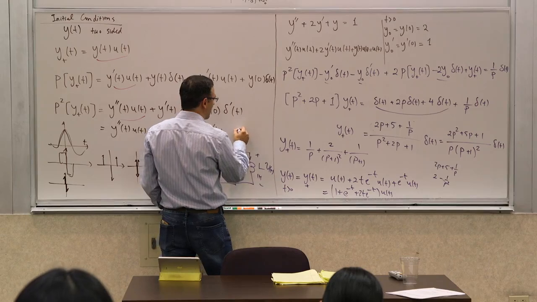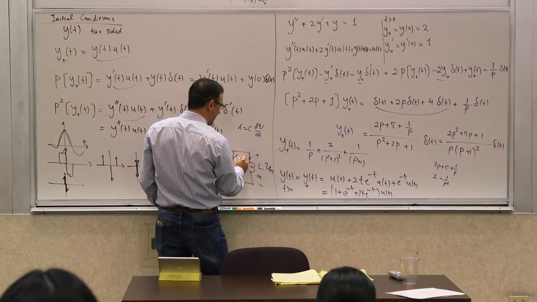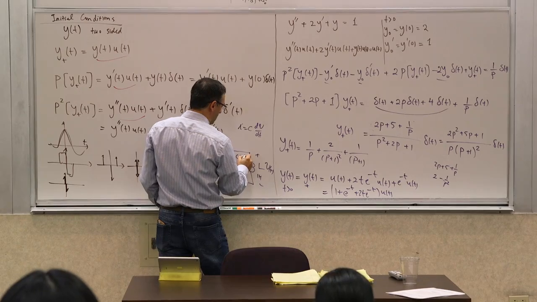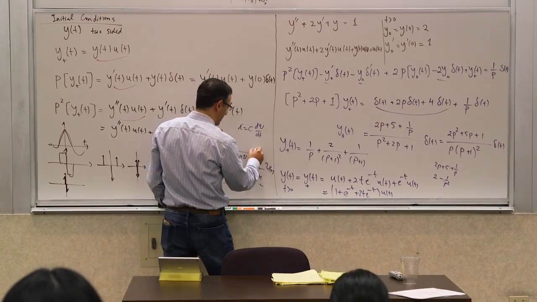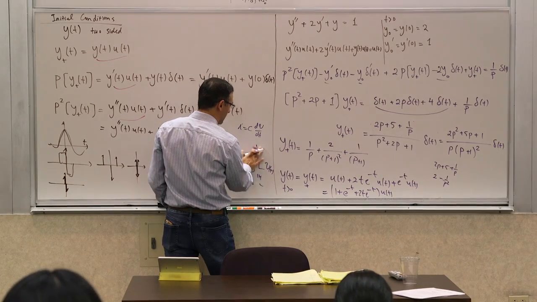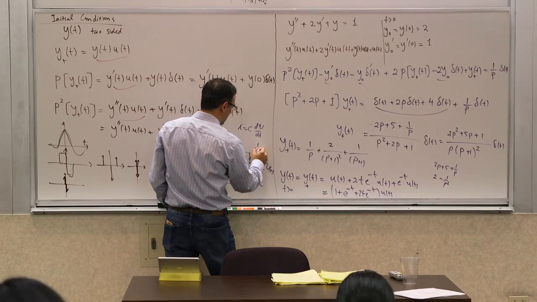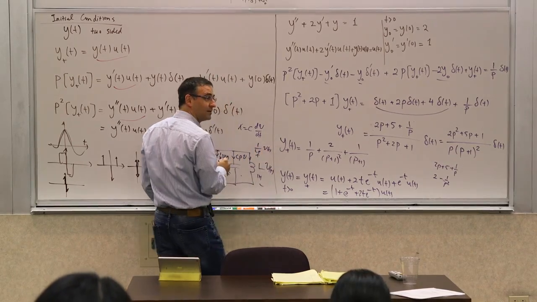You know the relationship is I is C dV/dt, so it's C p V. And what is this current? It's 1 over L p times V, right?